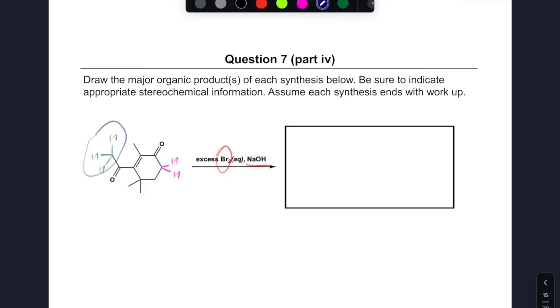Deprotonating at those green centers is probably what's going to happen first. And if we carry that part out, what we're going to get is bromination initially at that green site. So that's going to go through a process of, first of all, enolate formation. I'll just show you this first sequence. It's going to go one at a time.